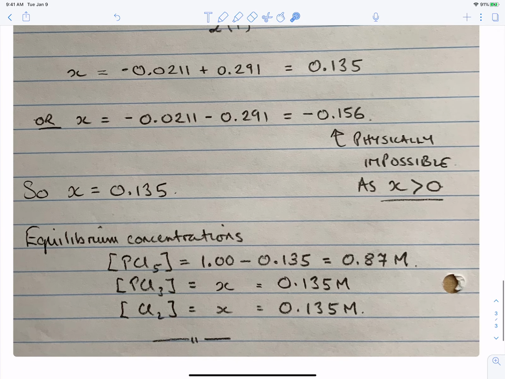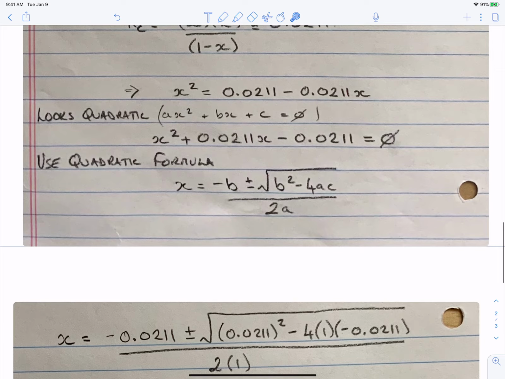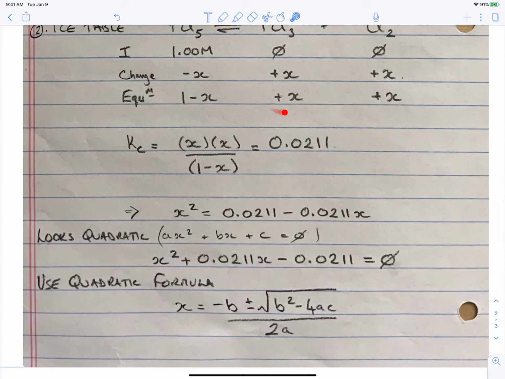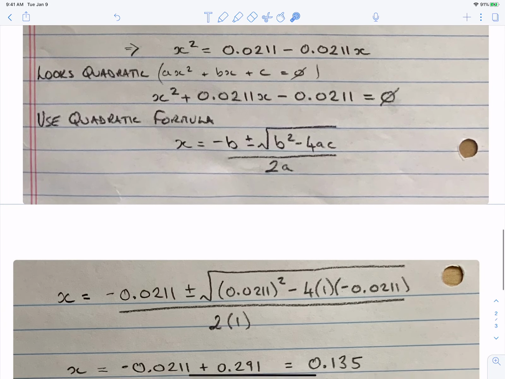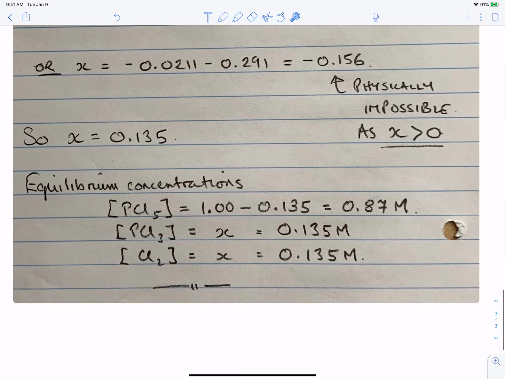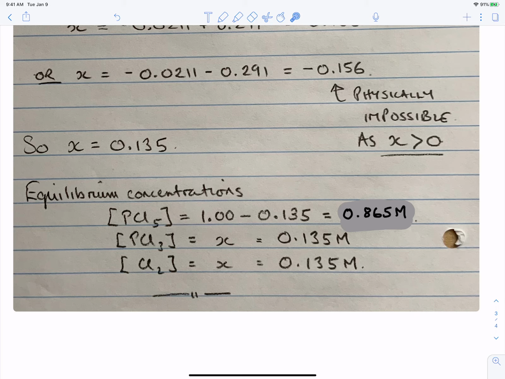And so at that point, now we go back to our ICE table. We now know the value of x, and we can use this to now determine the equilibrium concentrations.